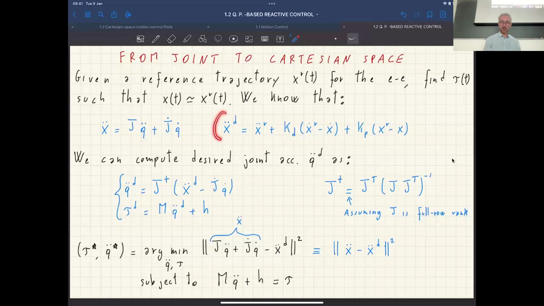That gives us the desired accelerations. So one way in which we could tackle the problem of controlling the robot in Cartesian space is to say, well, I know the relationship between the joints and the effector accelerations. I know what value of accelerations I want for my end effector.